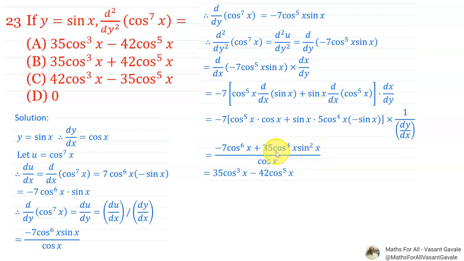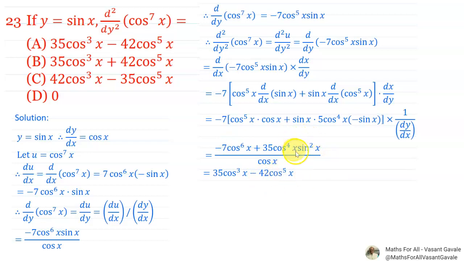Then you will get here minus 35 cos of x raised to 6 आणि हा पुन्हा -7, and overall that will become minus 42 cos of x raised to 6 and divided by पुन्हा तो cos x आहे. एक cos त्या ठिकाणी कट होणार and overall you will get here minus 42 cos of x raised to 5.